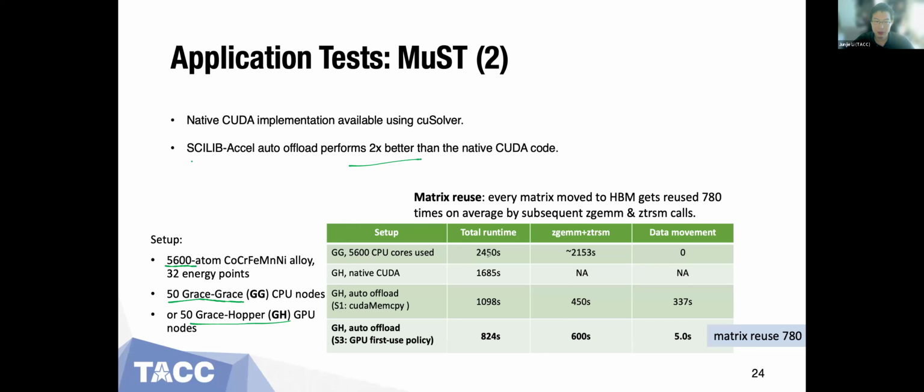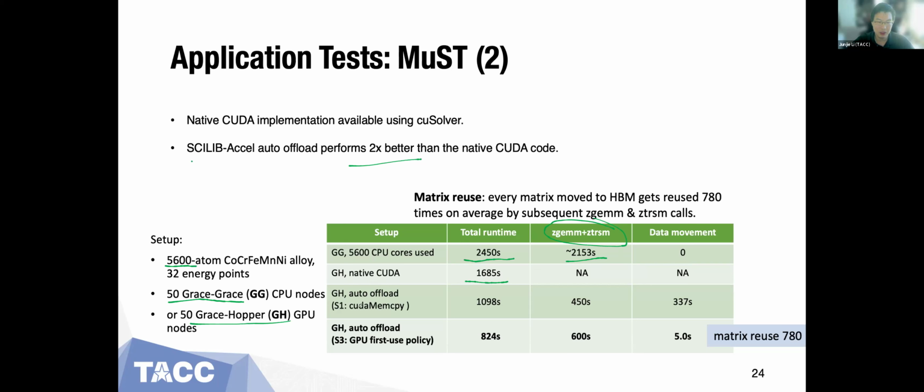On CPU, the runtime is 2,450 seconds, and you spend over 2,100 seconds on these two BLAS routines. The native CUDA run on the GPU does run a bit faster, 1.5x faster than the CPU run, but it's not good enough.